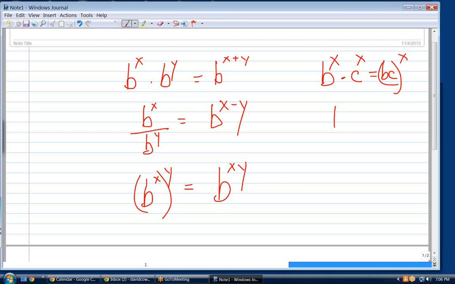And if I have b to the x divided by c to the x, that's the same thing as b over c all to the x. So these 5 rules are going to cover all exponent problems. Okay.